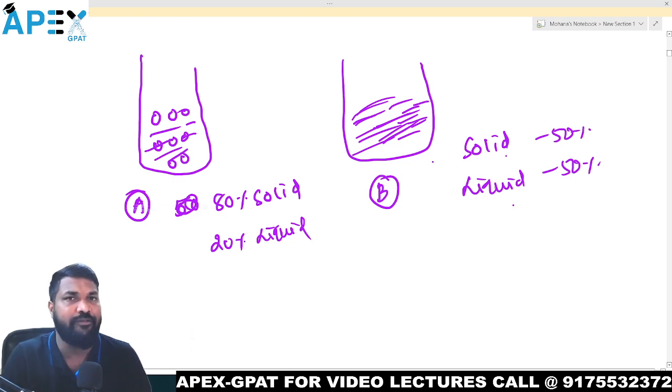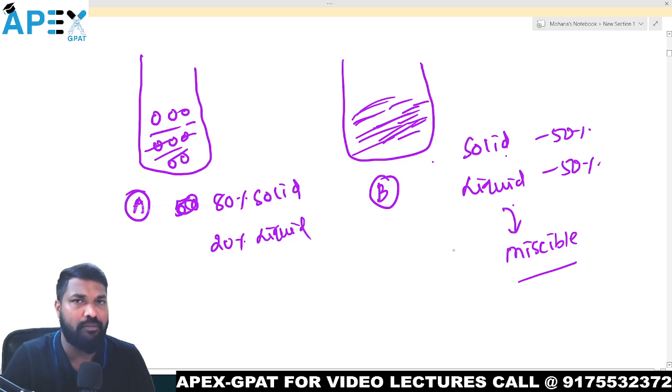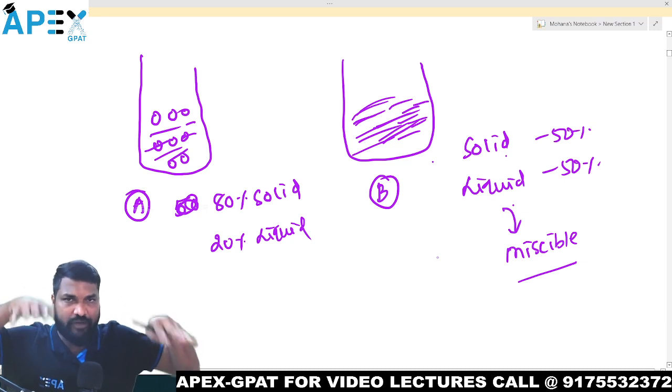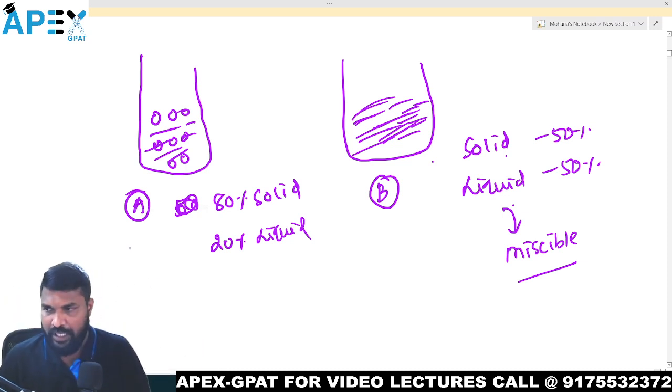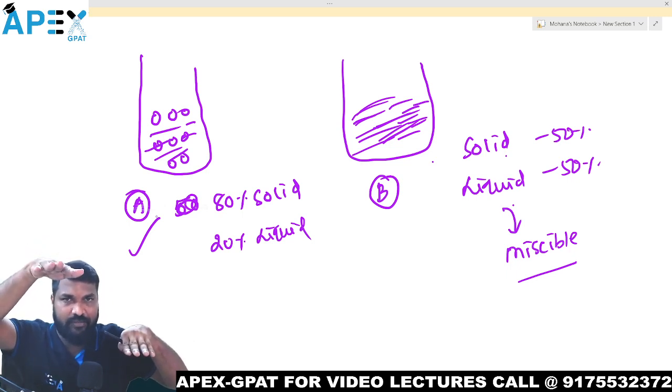With solid and liquid at 50% each, both are miscible. Miscible means there is a formation of a saturated solution, where solid and liquid are in equilibrium. In the first condition, 80% solid and 20% liquid, the two are not equal.